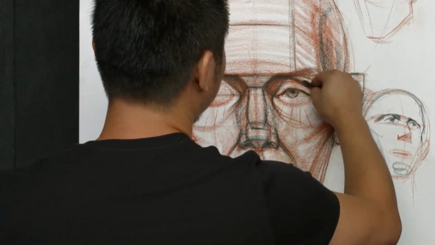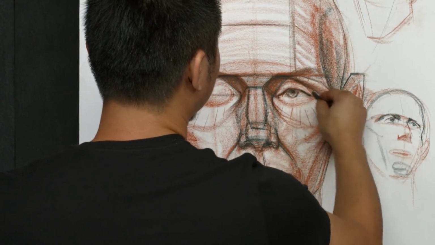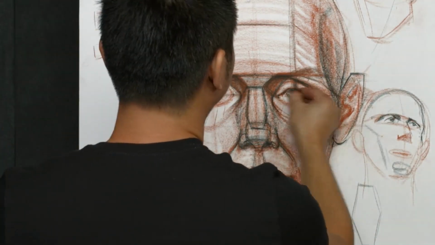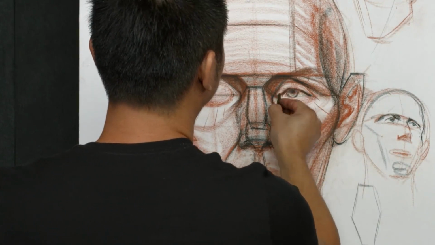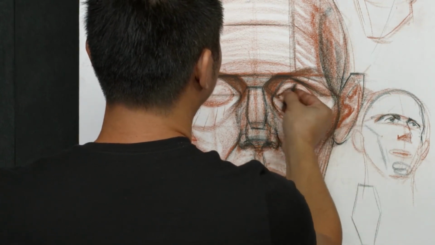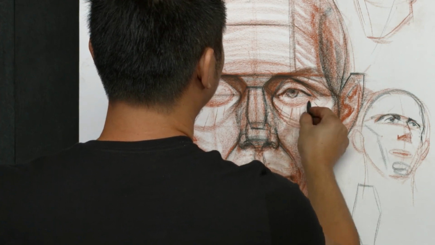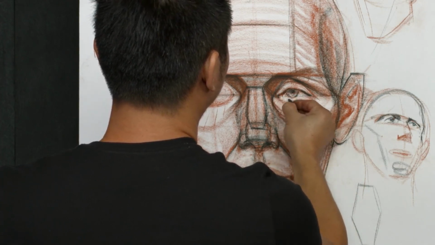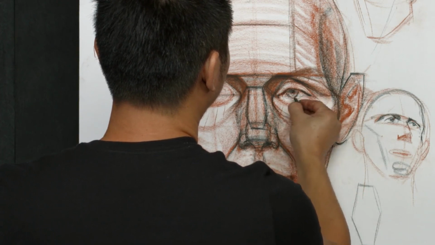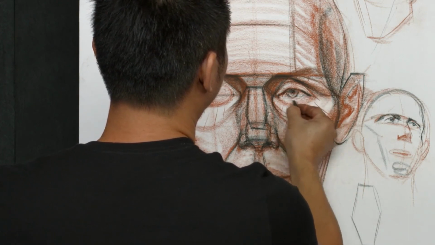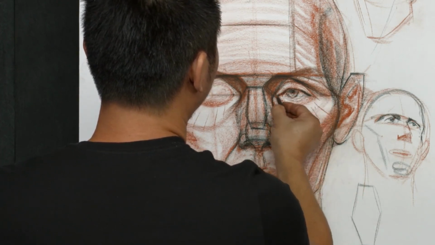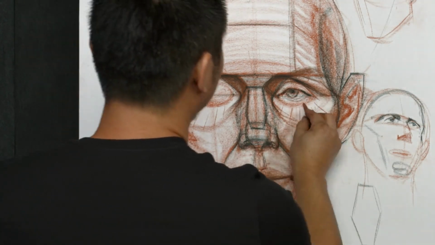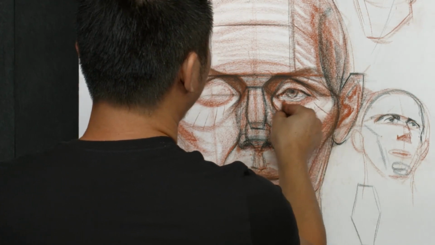A lot of times it creates a nice deep crease and helps to push out the eyeball. Top plane, the lower eyelid, and then the bottom of the lower eyelid.